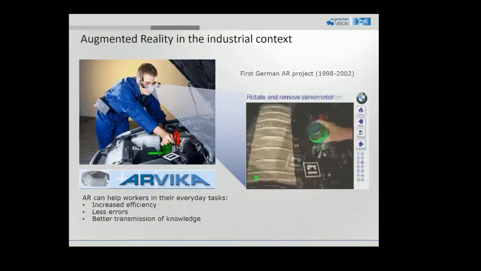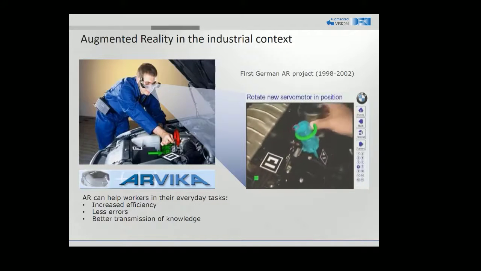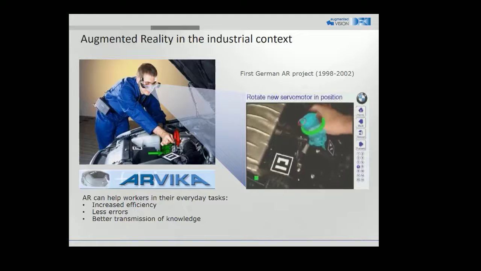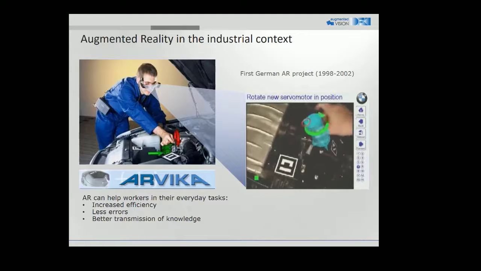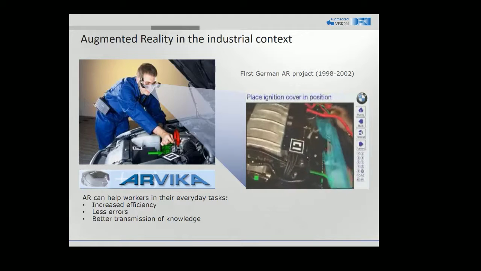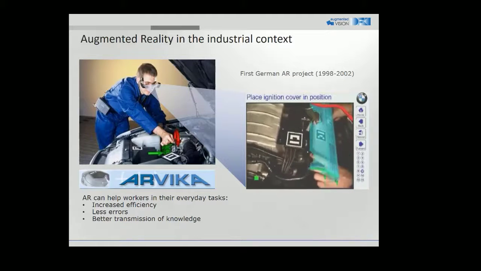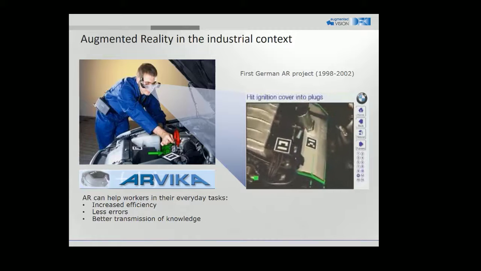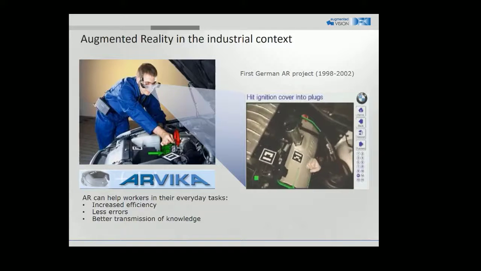Here we can see that the mechanic is trying to track some markers, which is an important part of augmented reality tracking. Generally, there are two types of tracking. Marker tracking, as you can see here in the image.